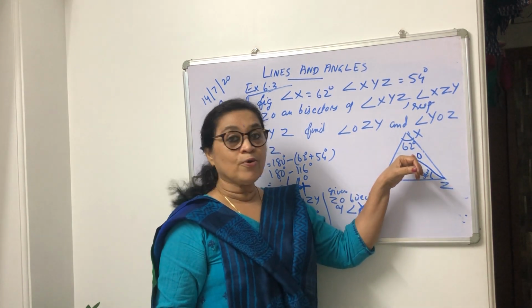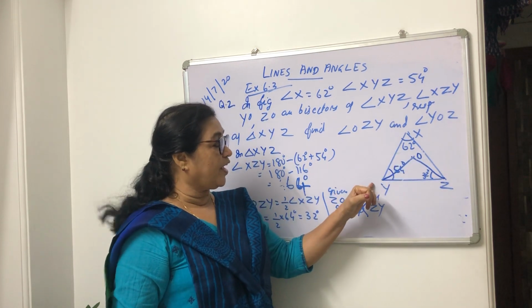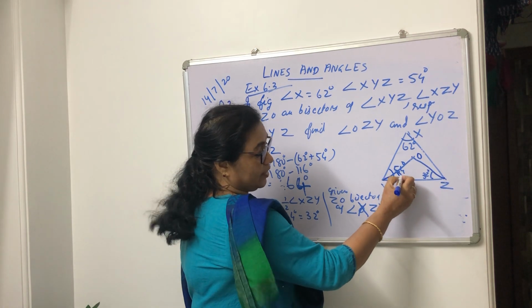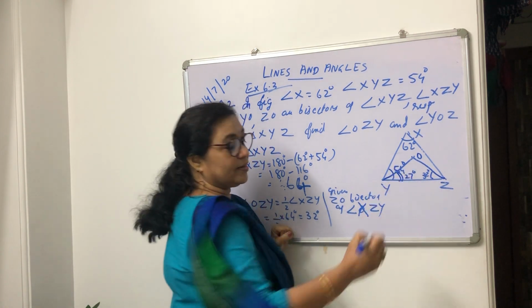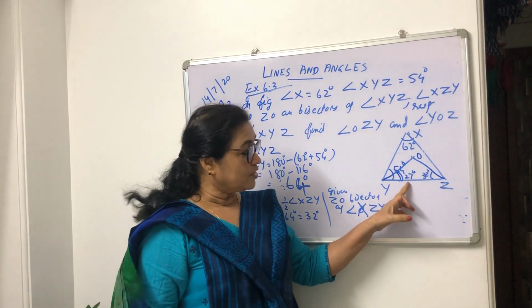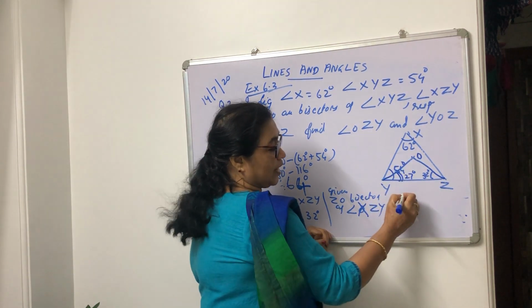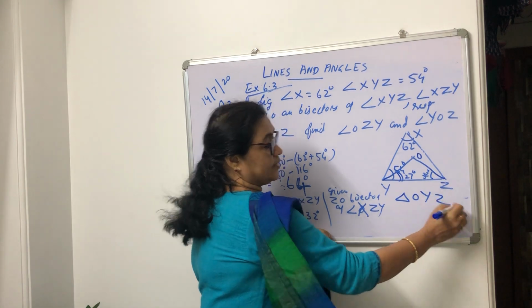Similarly, YO is the bisector of XYZ, that is also given. Therefore, this angle is 27 degrees. So you got this is 27, this is 32. Now we take this triangle OYZ.